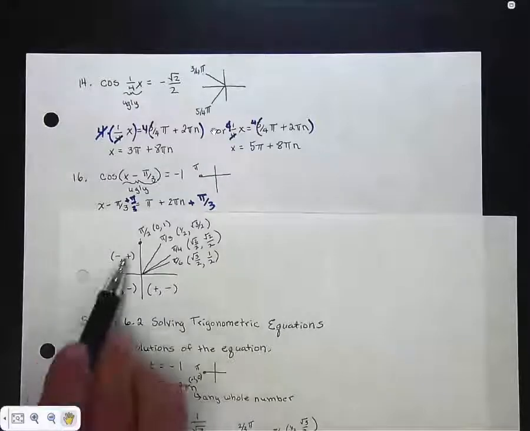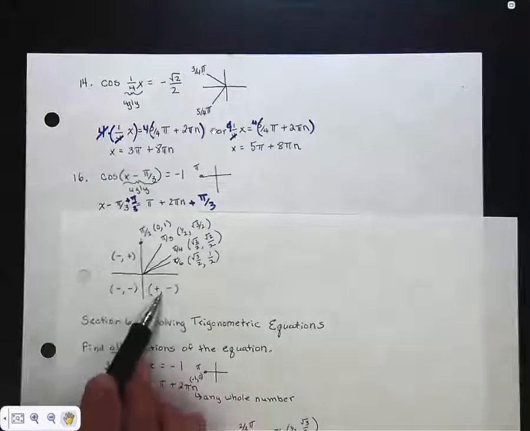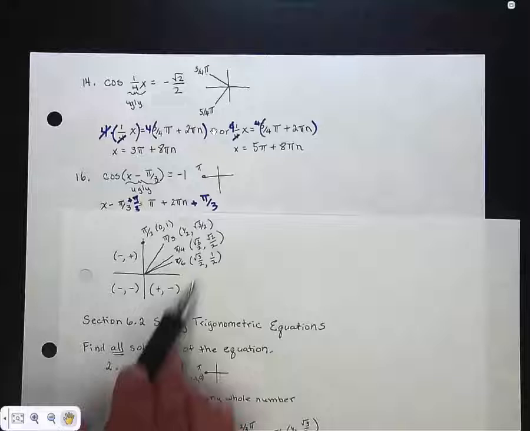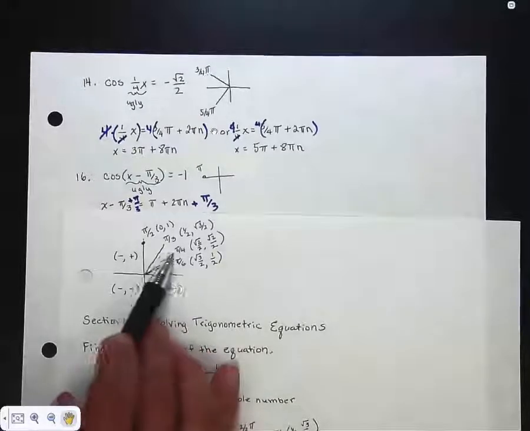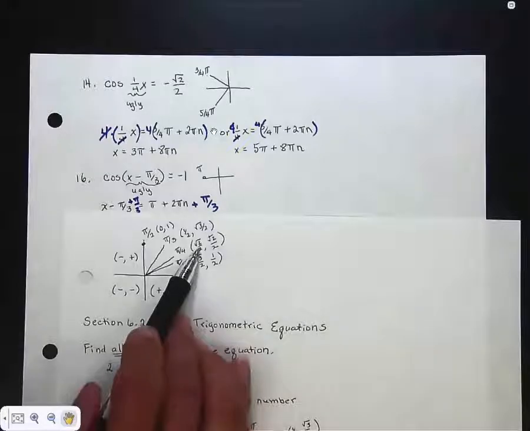Where are the x's and y's exact opposites of each other? It would definitely be in the second and fourth quadrants, and it would be at the quarter pies in those two quadrants. In the first quadrant, if you at a quarter pi, if you divided the y by the x, you'd get +1.